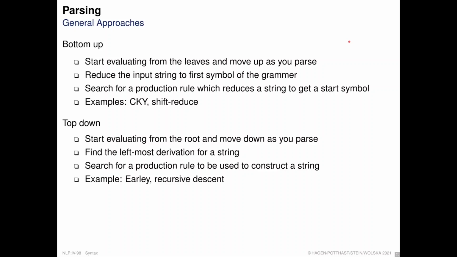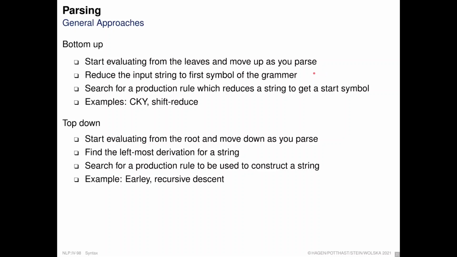We already saw one approach. The CKY algorithm is an example of bottom-up parsing. In this approach, we start evaluating the inputs from the leaves and move up and build a tree. We reduce the input string to the start symbol in the grammar. It can be viewed as reducing the sentence itself to the start symbol.